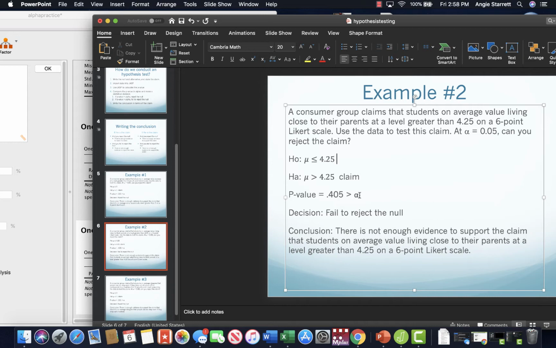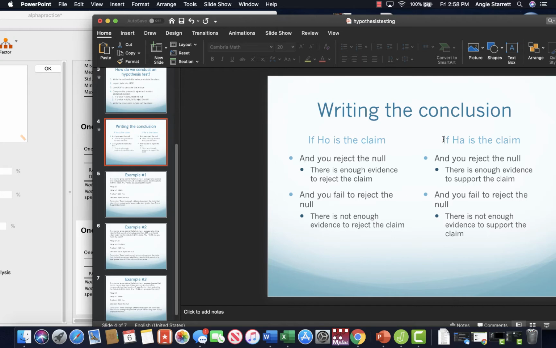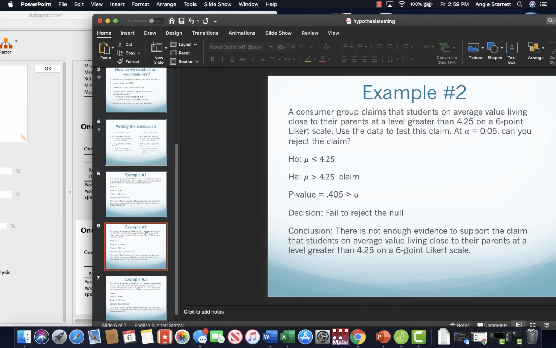So let's go back to our slide before. Now we've got the null, the alternative is the claim. We fail to reject the null. So now we would say there is not enough evidence to support the claim that students on average value living close to their parents at a level greater than 4.25.